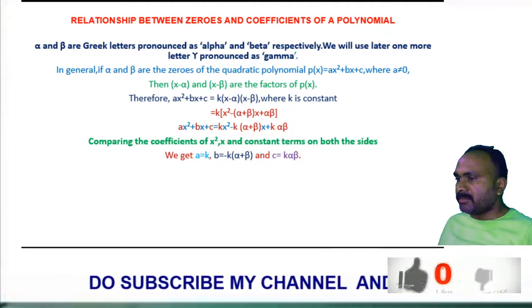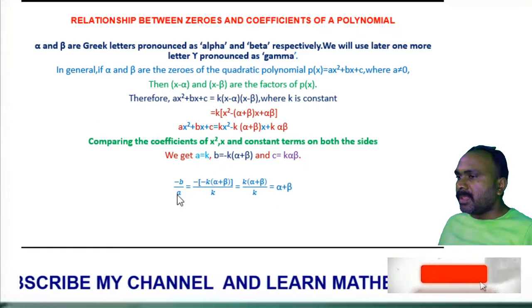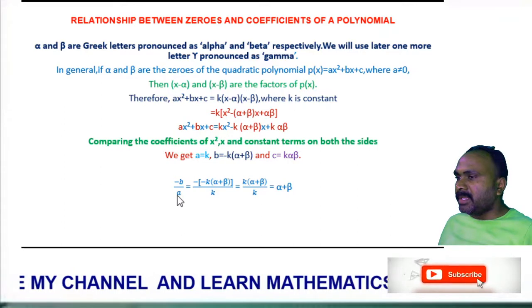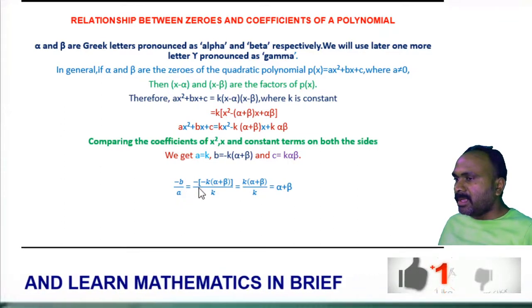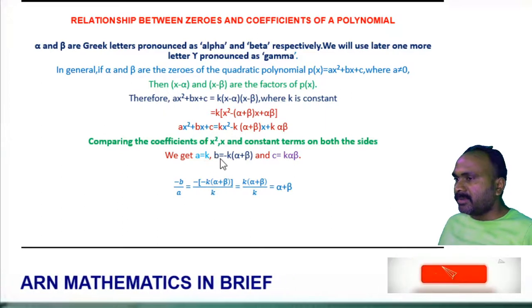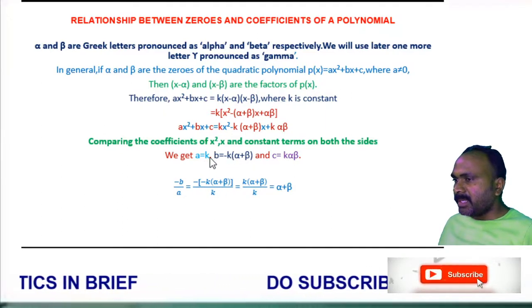Now here, minus b by a. Here minus of b means k into alpha plus beta, and a means k.